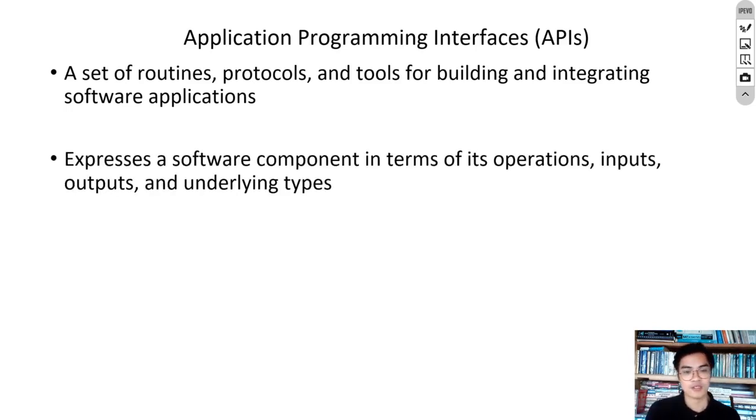So it expresses a software component in terms of its operations, inputs, outputs, and underlying types. Okay? So the underlying types here usually just concerns the input and output of the data. Because as long as that is valid, your API is good to go.